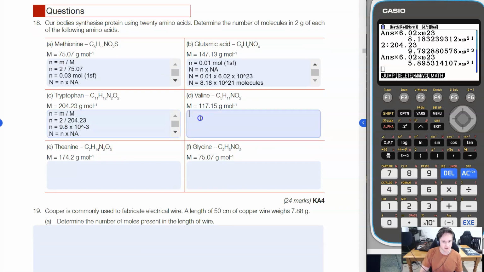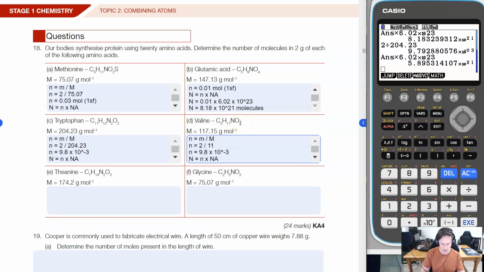Copy paste again. It's getting a bit redundant now, so we'll go molar mass for valine, 117.15. So I'll go 2 divided by 117.15 is equal to 0.017.